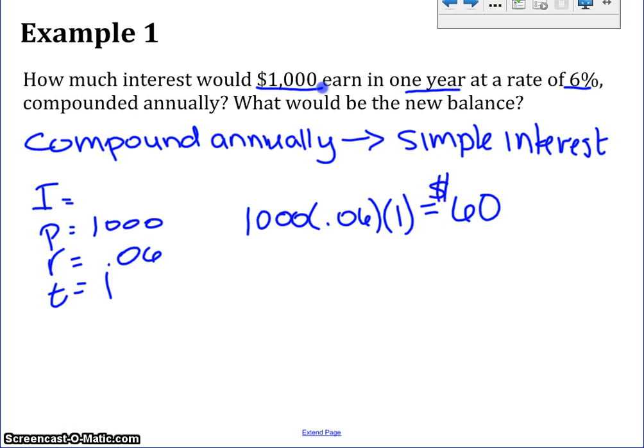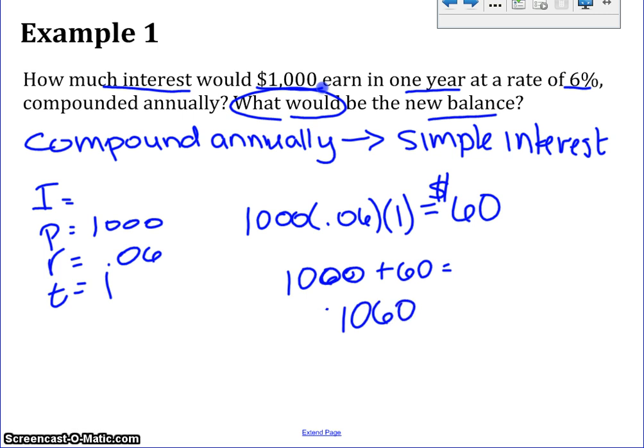So it says how much interest? It would be $60. The second question: what would the new balance be? I'm going to take the $1,000 and add the $60 to it, and the balance would be $1,060.